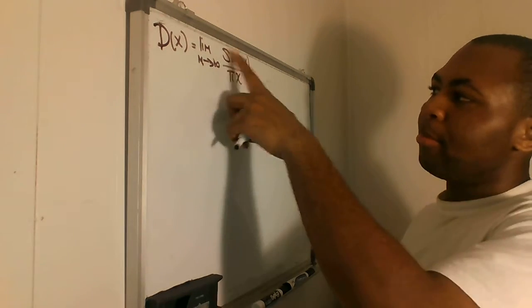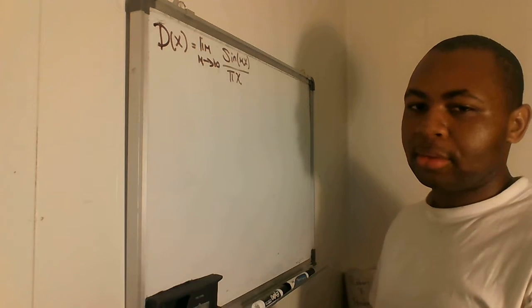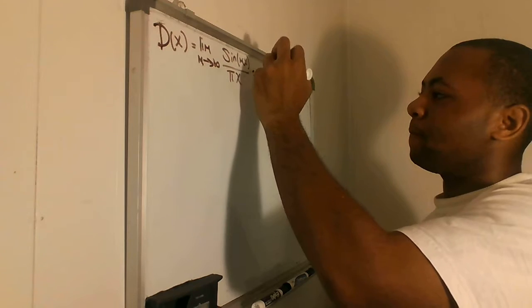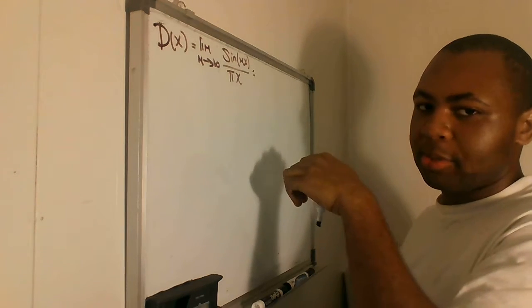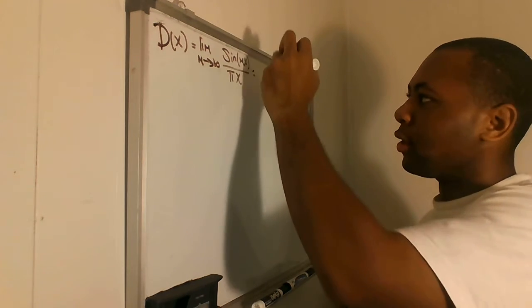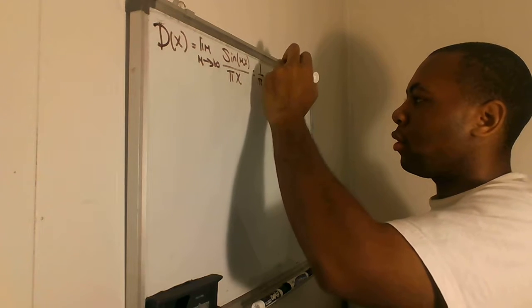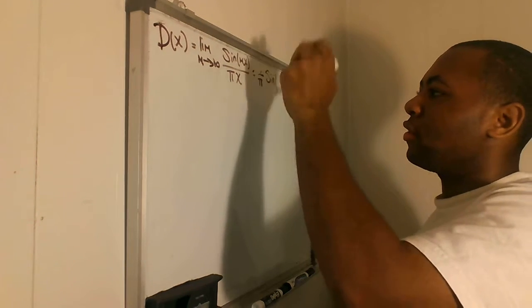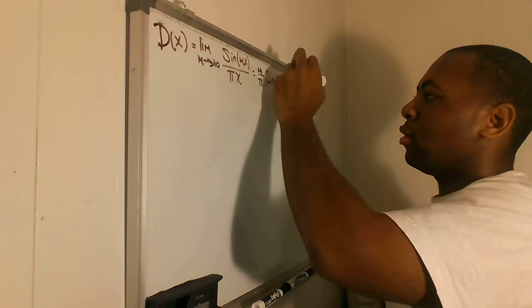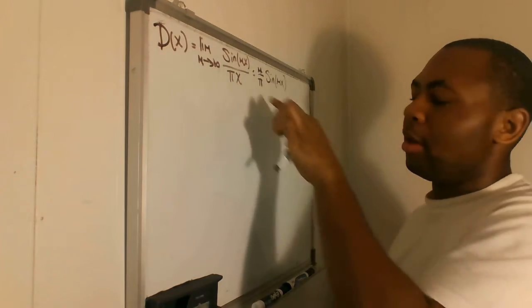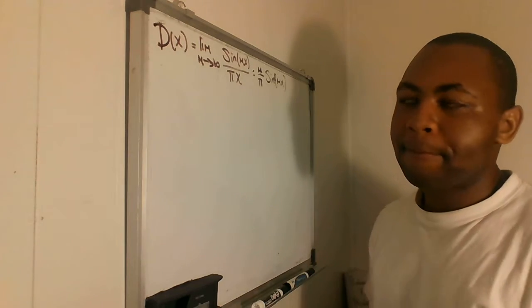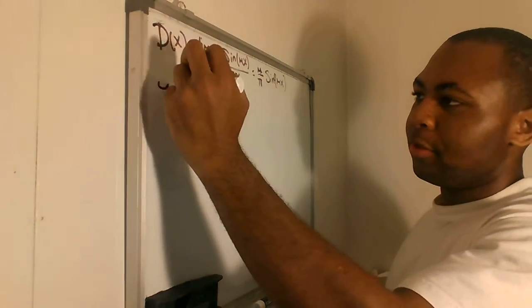And this function by itself is called a sinc function. It's a special little sinc function because it has the 1 over pi, so it's a 1 over pi sinc. Correct me if I'm wrong, but I think that's what it is. No, it's not sine, it's sinc. Regular definition of a sinc function.